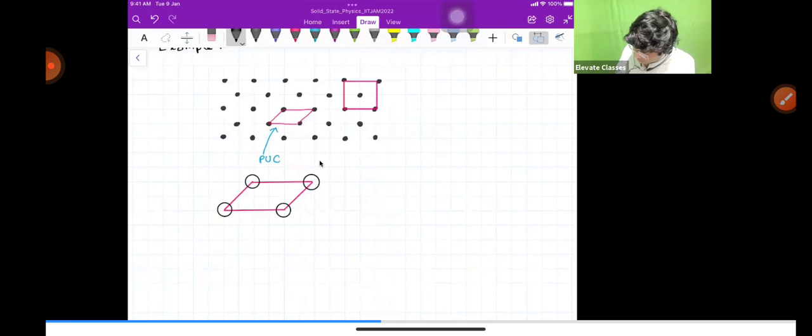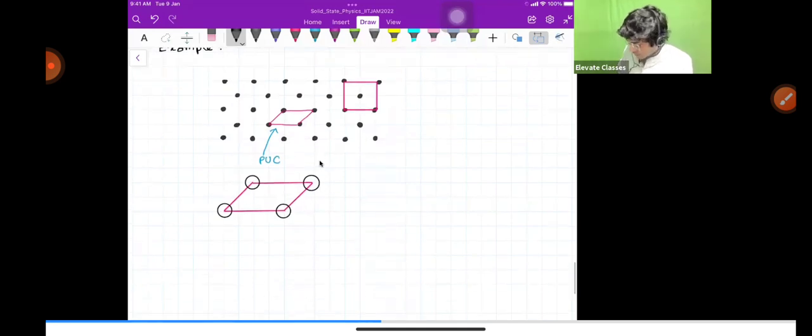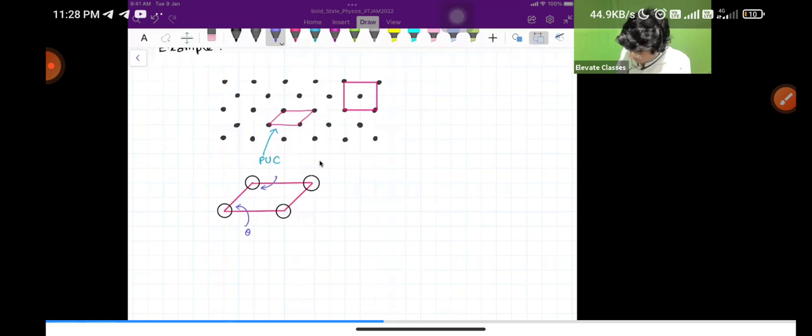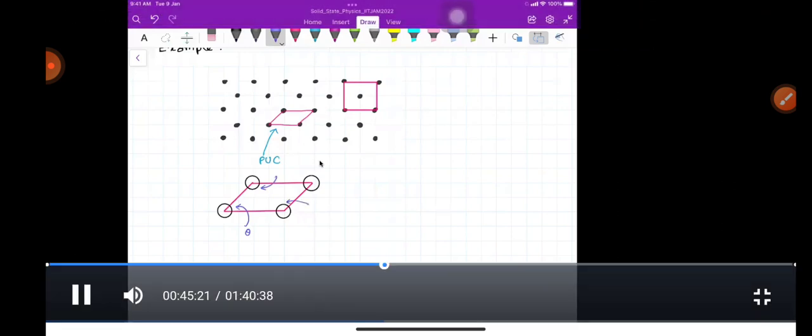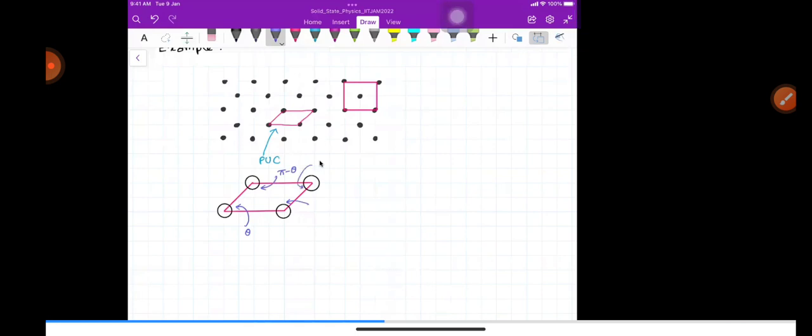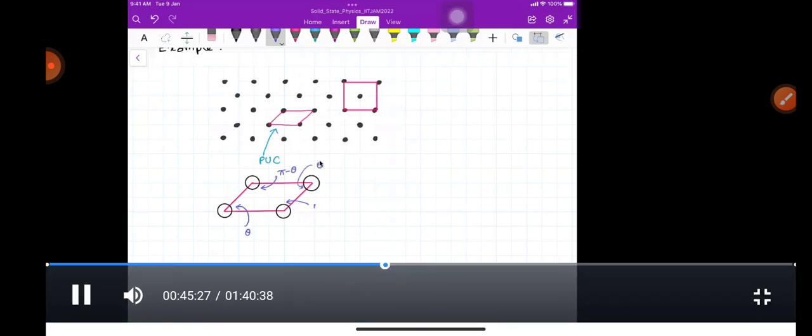I already said it's a PUC. So what are the angles subtended here? What is this angle? Let's say it's theta. What will be the other angles? This one, theta. This is pi minus theta, and this one theta, and this pi minus theta.